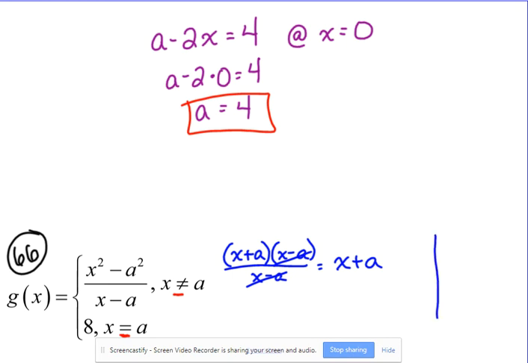So let's just sketch that out real quick, okay? Let's say this is a right here. Everywhere but at a, it's looking like this line, x plus a. I don't know what a is, so I don't know where to put my y-intercept, but I'm just guesstimating.